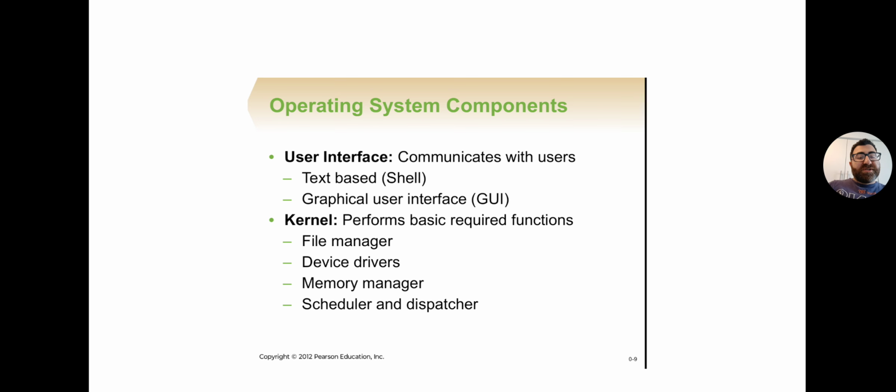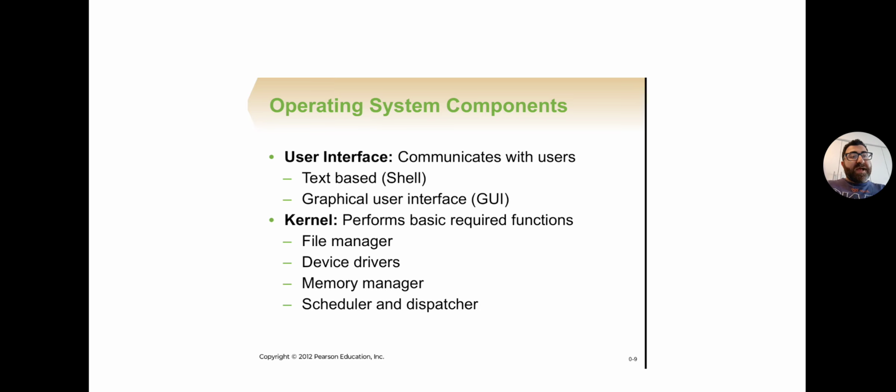It provides basic required functions like the file manager and the device drivers, so connecting to the printer, connecting to the wireless, handling the wireless card, connecting to hardware like the RAM and the hard disk, which is what we learned about last lecture.